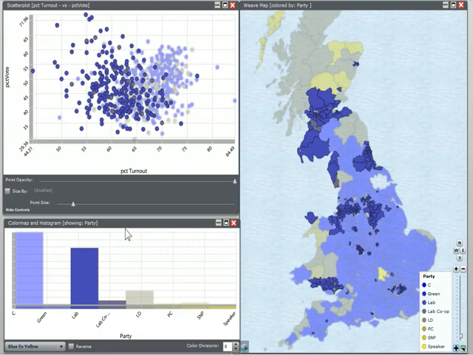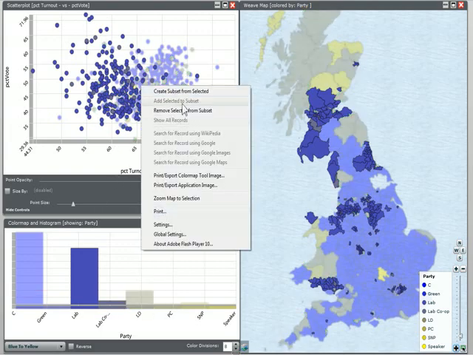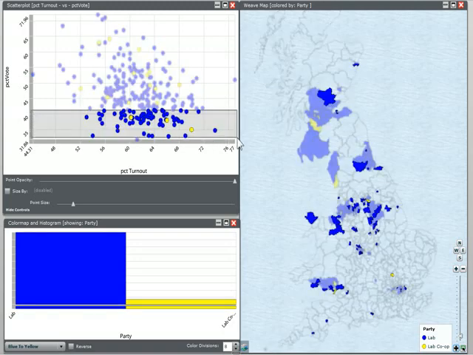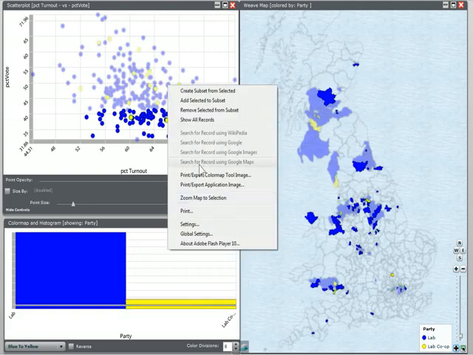But note that if we take Labour wins as a subset, and look at the places where their margin of victory was small, we can see that they were fighting tight races in widely scattered areas, which might show a tendency for them to be losing ground throughout England and Scotland. We can return to seeing all records.